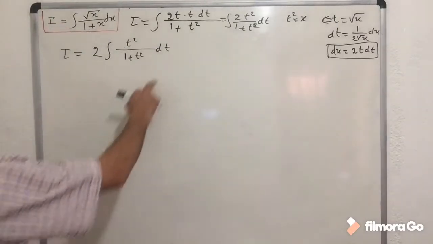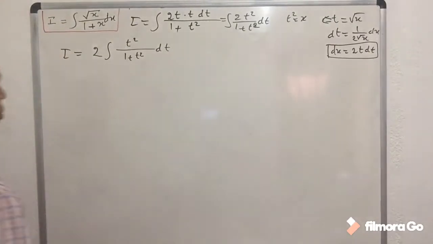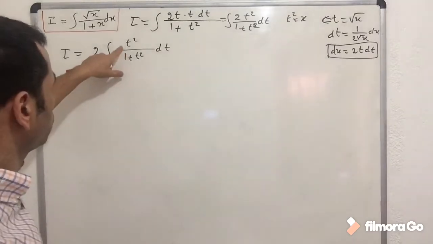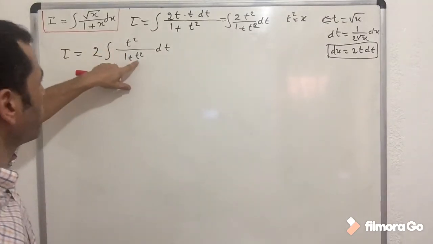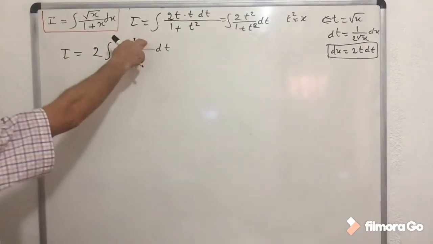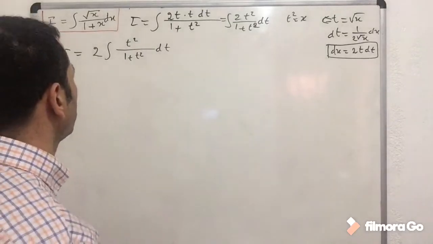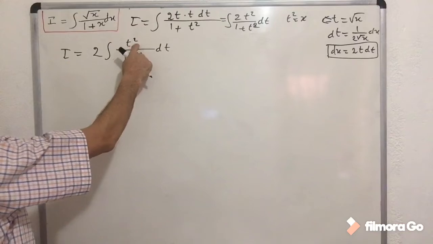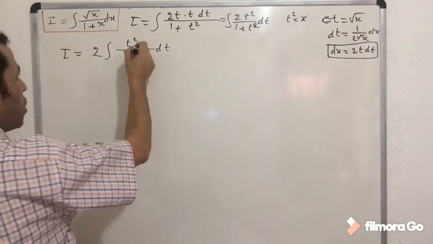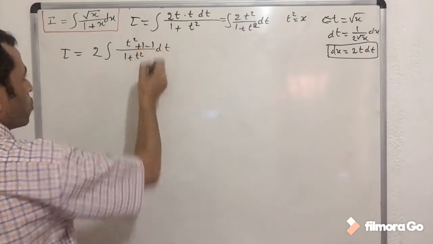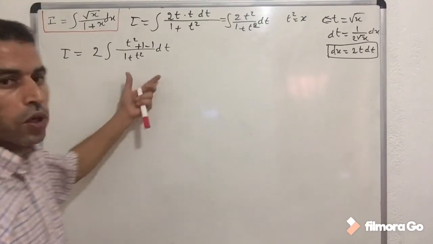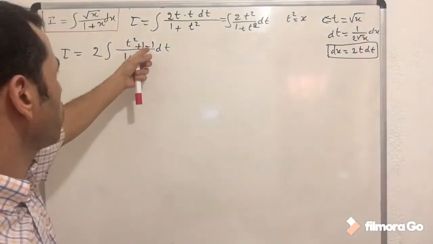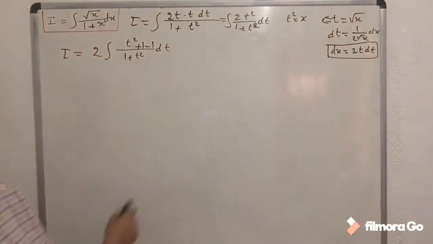In order to continue evaluating this one, we should take a look at the bottom, how to make the numerator equal the denominator. We're going to add 1, subtract 1. Put 1 plus, minus 1, like as if you are doing nothing. So you add 1 and subtract 1 at the same time.